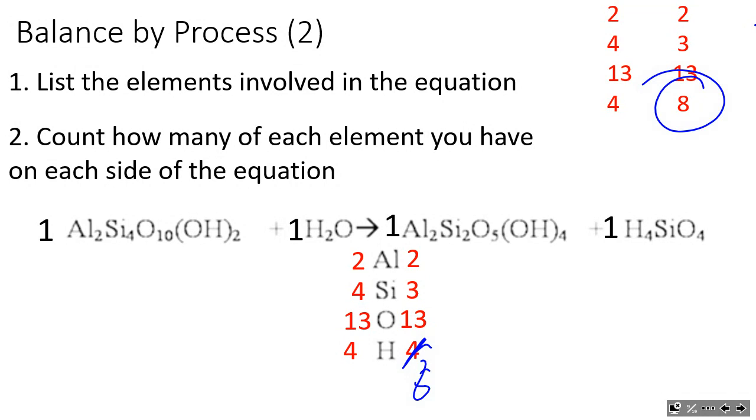Start with your metals, in this case aluminum and then silicon, but always do oxygen and hydrogen last. The reason I tell you to do that is that oxygen and hydrogen will kind of work out a lot of times at the end. If you start with them, you're just going to get ugly numbers. So just do them last if possible.